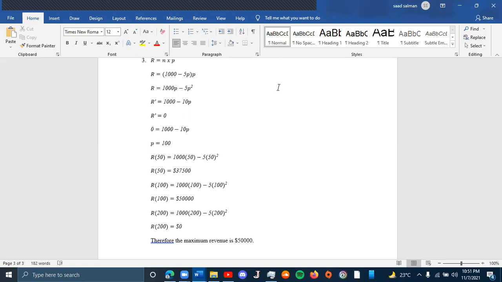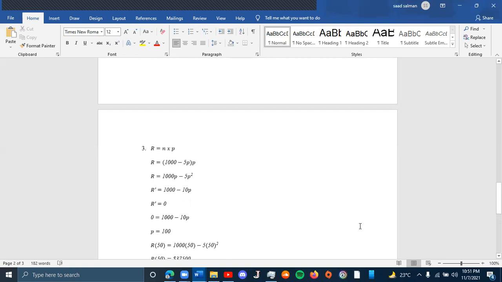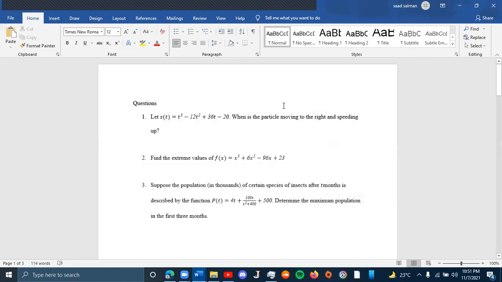Now we'll substitute 200, which will be 1000 multiplied by 200 minus 5 into 200 squared, which will give us $0. Therefore, the maximum revenue which will be gathered would be $50,000. That's all for quiz number 2. We'll move on to quiz number 3.